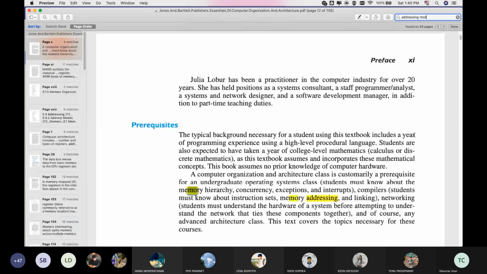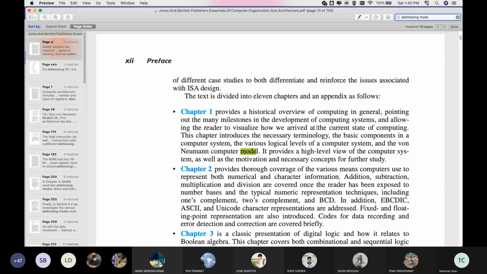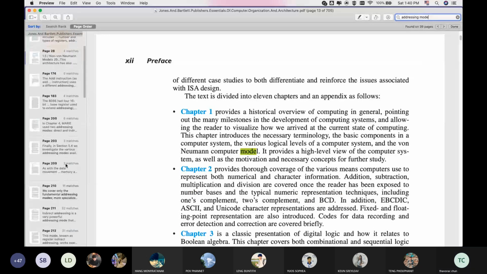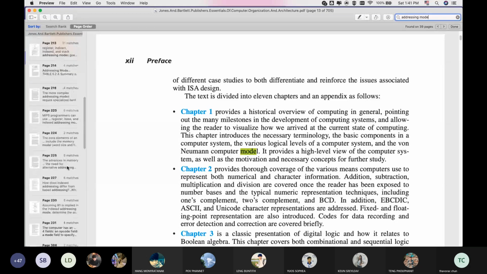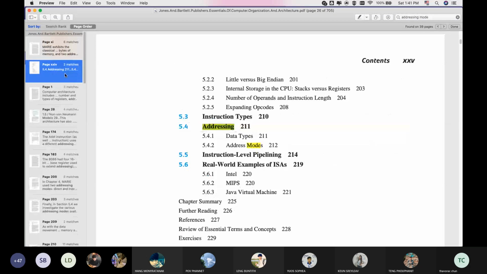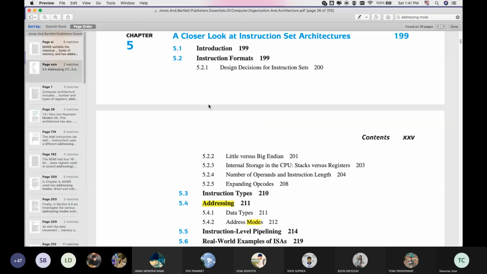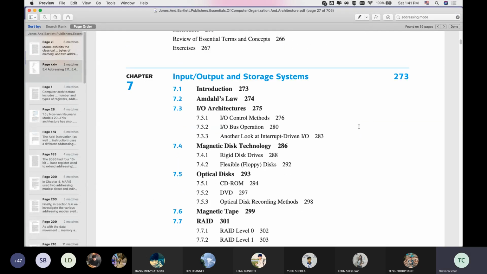Here it is. Here in chapter 5, page 212.